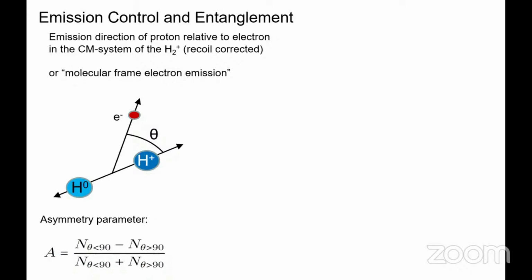Is it going towards the proton or in the opposite direction? And this is what we define here as an asymmetry parameter, just the angle between the proton and the electron, and we correct for the recoil of the emitted electron. So we are sitting in the center of mass of the H2 plus.